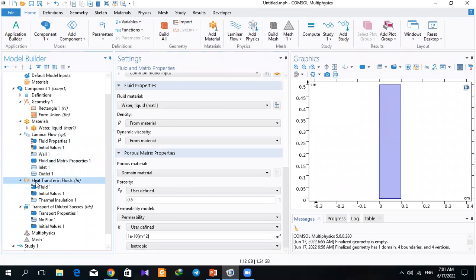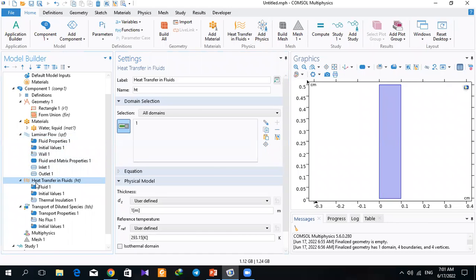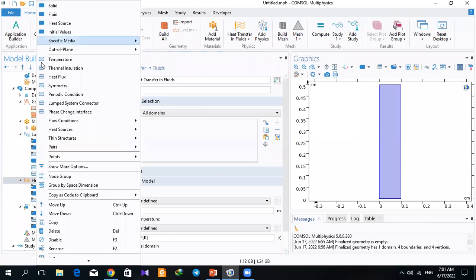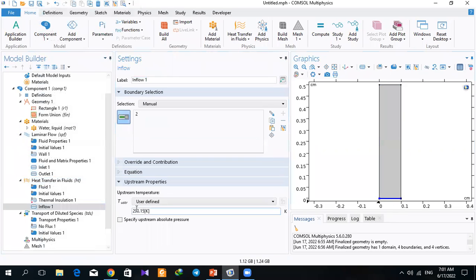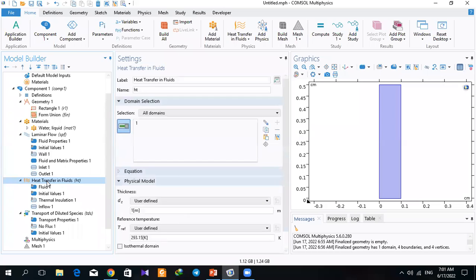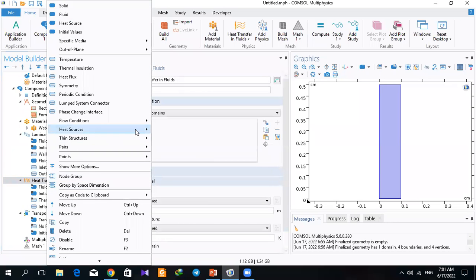Then we go through heat transfer. I have an inlet temperature, fluid condition, inflow. I can define the inlet temperature as ambient temperature, and I have outflow here.